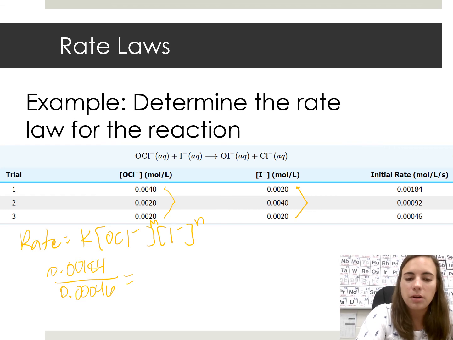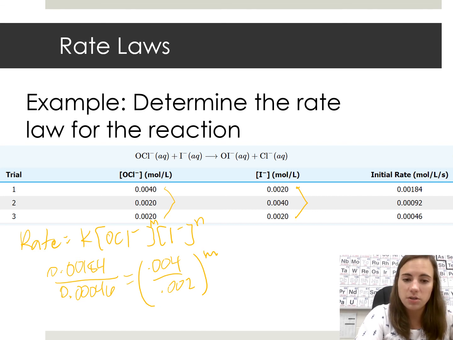I just prefer not dealing with decimals. I like to deal with whole numbers. But it would not matter if you flipped what I'm doing right here. If you did 0.00046 over 0.00184 and you did 0.002 over 0.004, you would just get fractions or decimals, and I just like dealing with whole numbers.